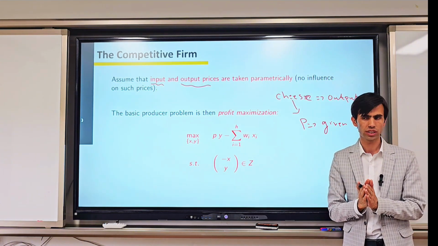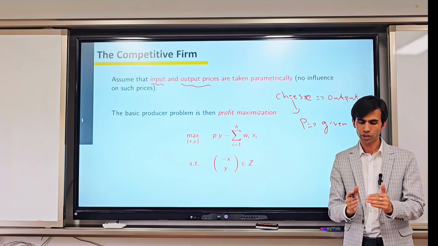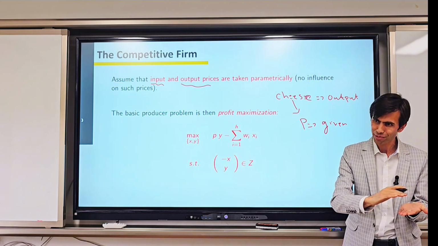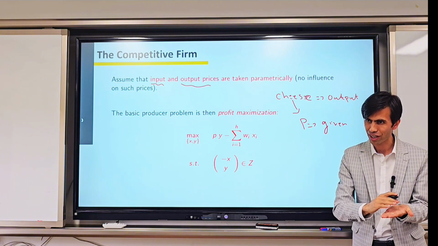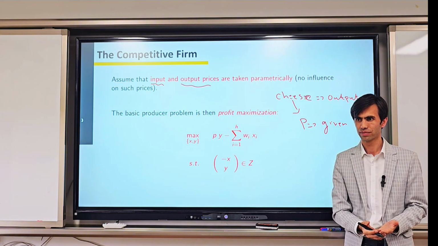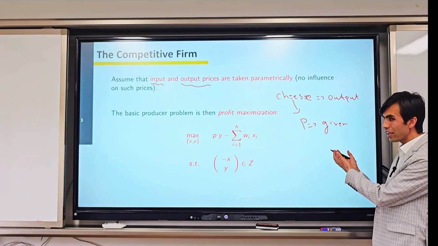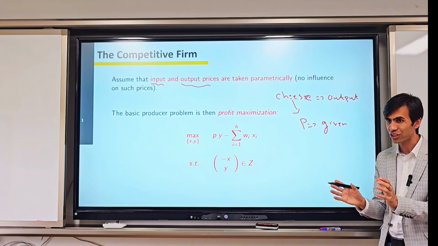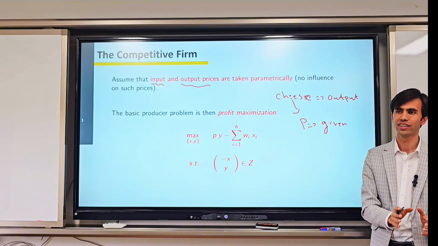Why can we not sell more than that? Because every other firm in the market sells at that price. If we sell at more than that price, no one will buy from us. And we are not willing to sell for less than that price. Why?